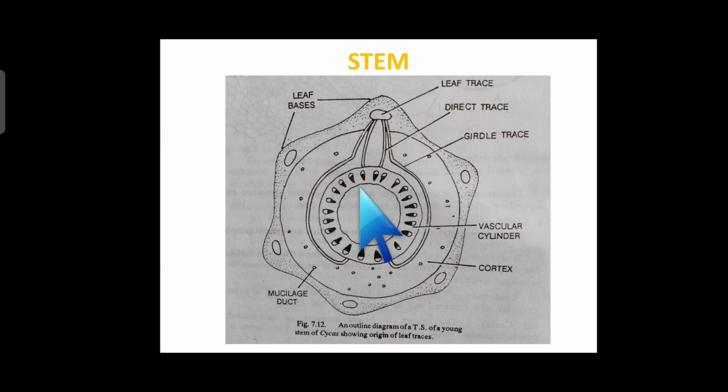These vascular bundles are separated from each other by broad parenchymatous medullary rays which communicate the cortex with the pith. So here in these spaces, the medullary rays are present which connect the cortex and the pith.